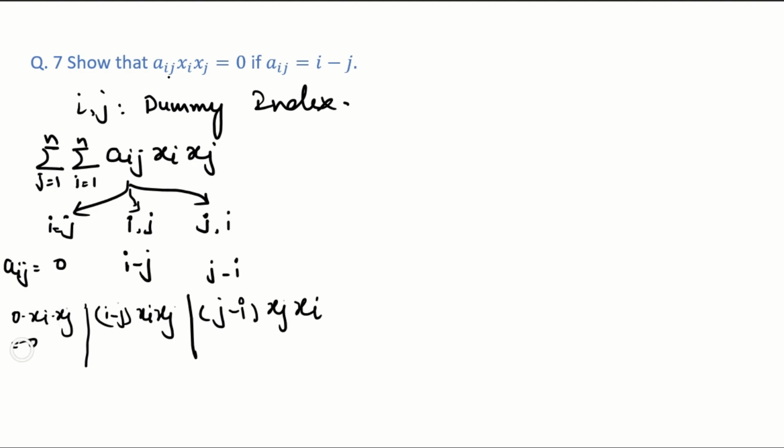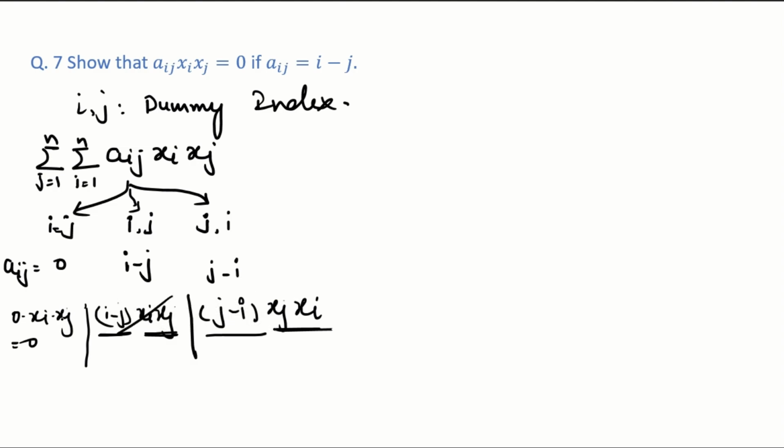Now in the first case the term vanished. In the second case you have i minus j, xi times xj, and in the third case j minus i, xj times xi. So the variables are the same in both cases, and the coefficients have the same magnitude, but the sign is opposite.